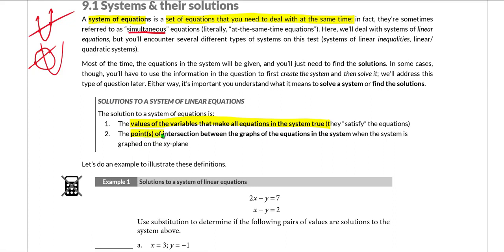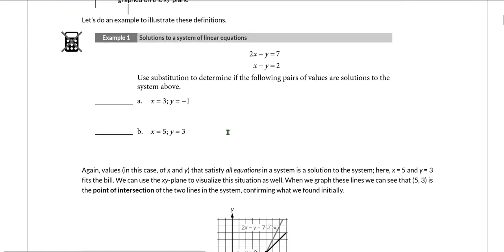The other definition is, if we're talking about the XY plane, when we talk about the solutions to a system of linear equations, we are talking about any points of intersection between the two lines. We're going to take a look at a couple of examples right now that will illustrate these definitions. So in example 1, which after I read through these directions, you may want to pause the video and do this on your own.